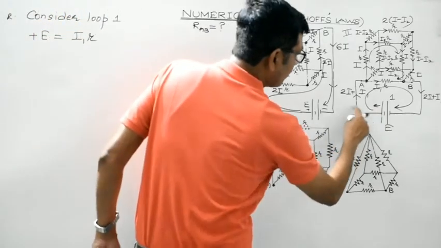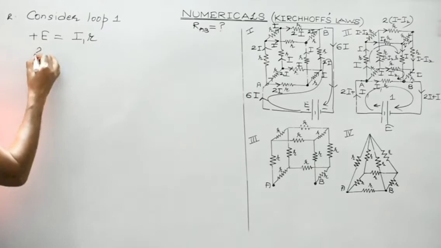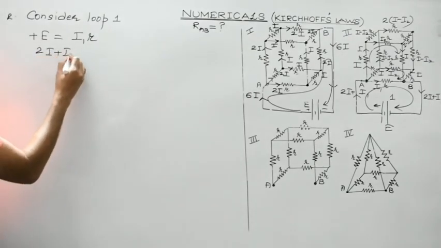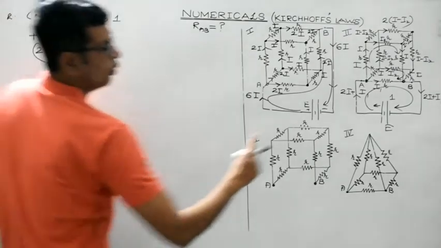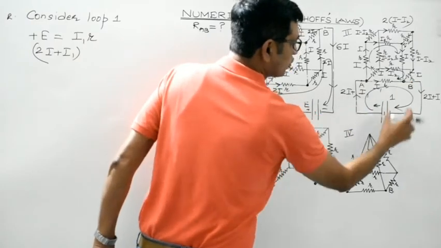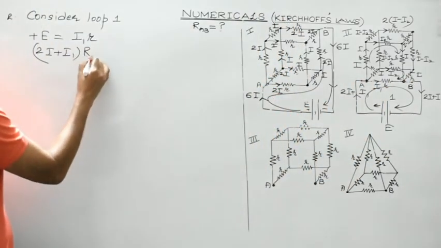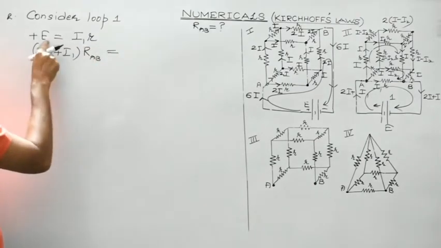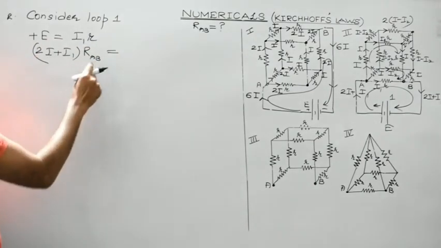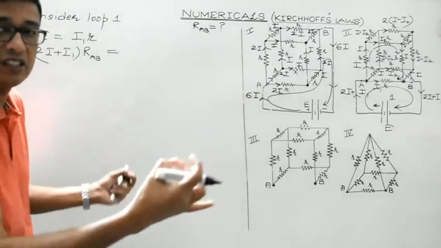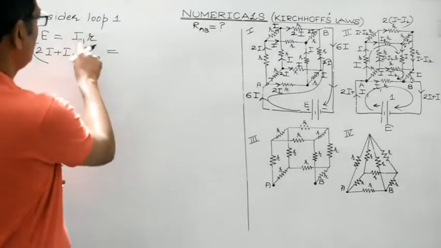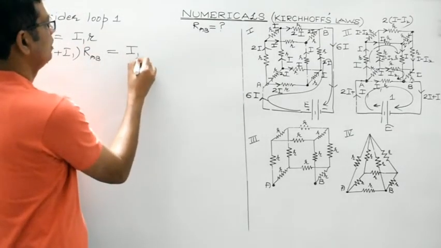Net EMF is net current multiplied by net resistance. What is the net current flowing through it? It is 2I plus I1, into the effective resistance across which this EMF is connected, which is RAB. This is to be determined. So net EMF is net current multiplied by the effective resistance between those two points across which the EMF is connected. So E equals I1R, plus (2I plus I1) times RAB.